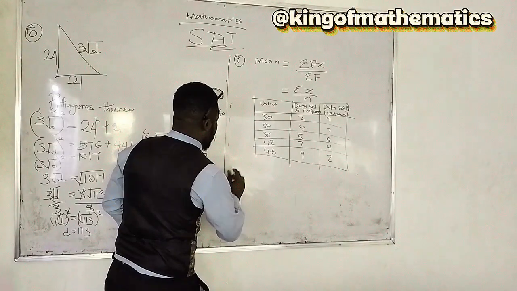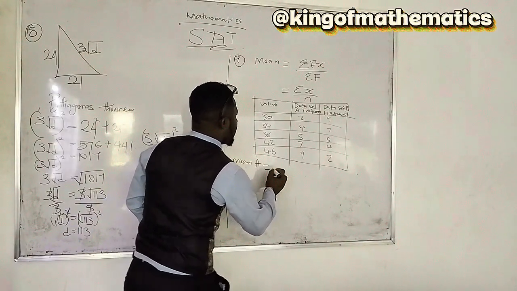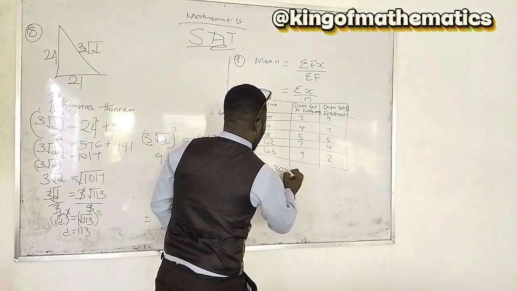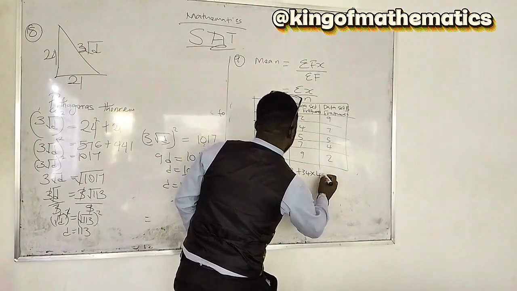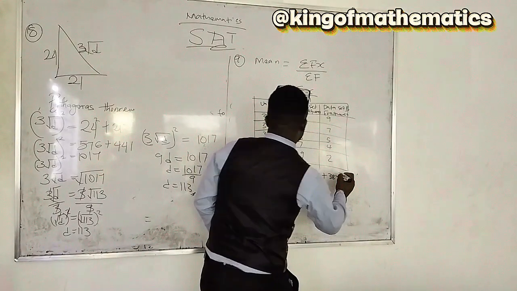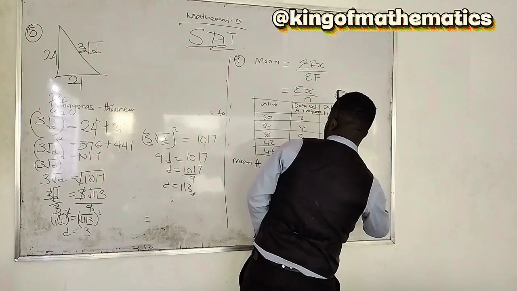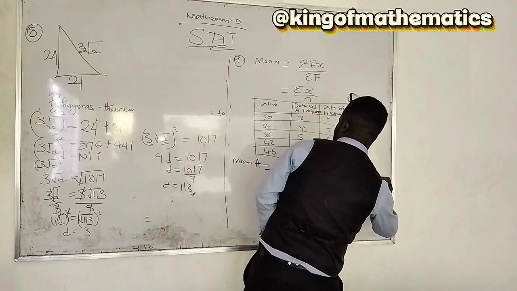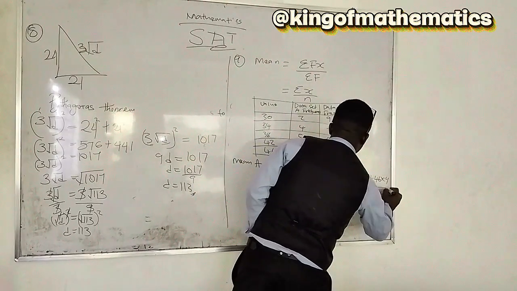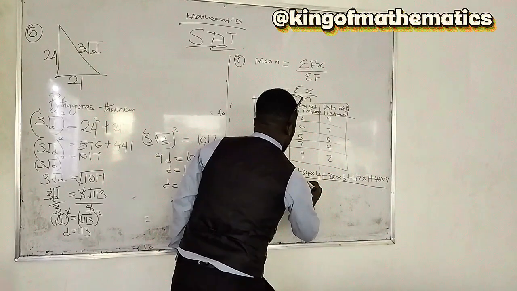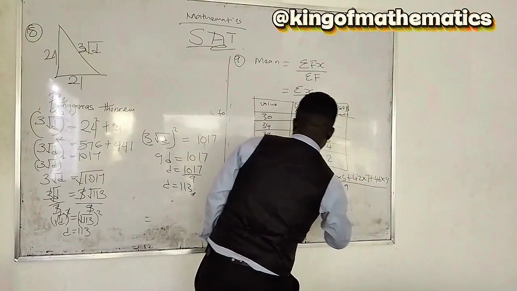If you go and find the mean of A, it gives us 30 times 2 plus 34 times 4 plus 38 times 5 plus 42 times 7 plus 46 times 9. Then we divide by the summation of the frequencies, that's 2 plus 4 plus 5 plus 7 plus 9.